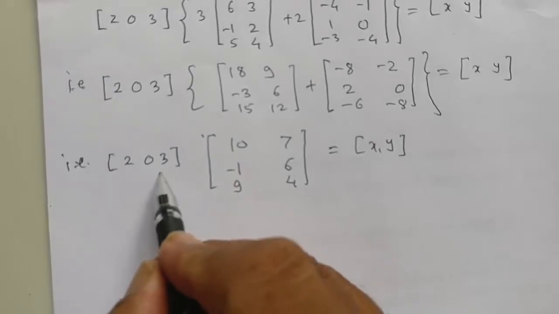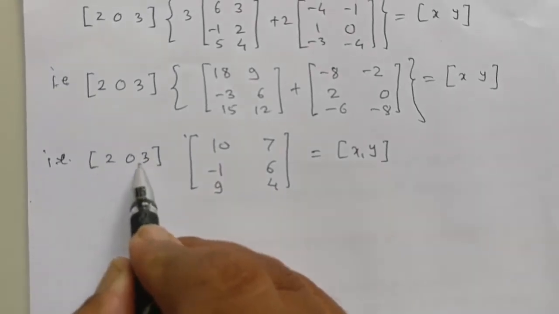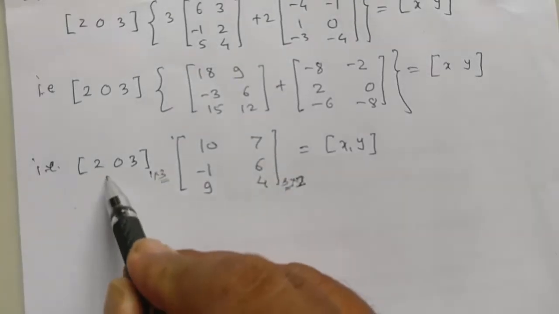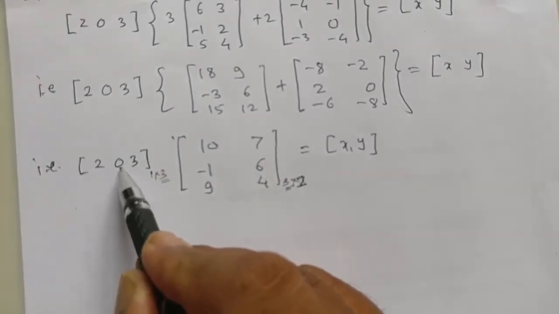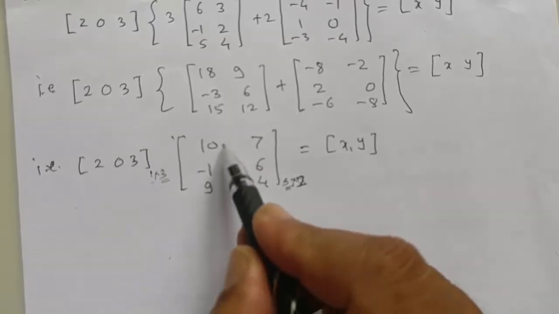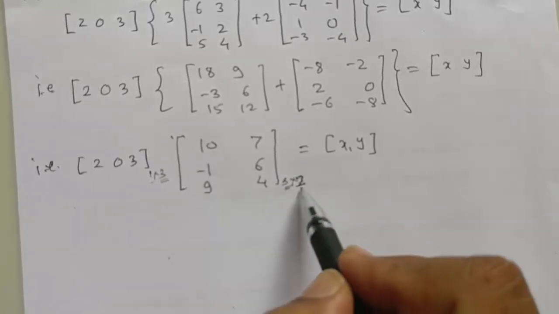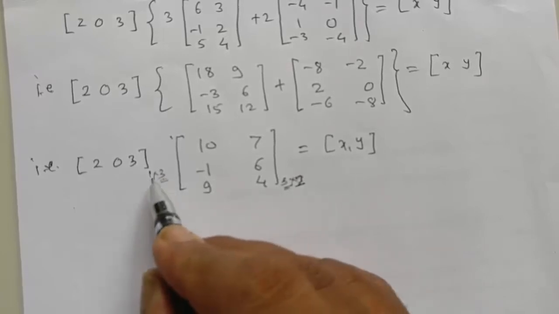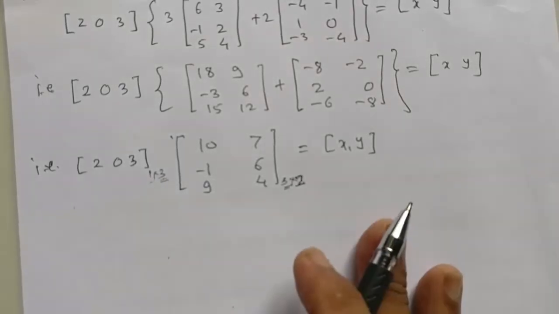Now matrix multiplication. The order of this matrix is 1 into 3 and the order of this matrix is 3 into 2. So the resultant matrix is of order 1 into 2.